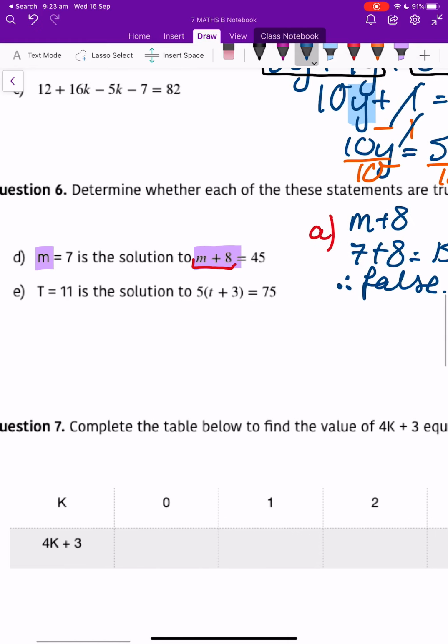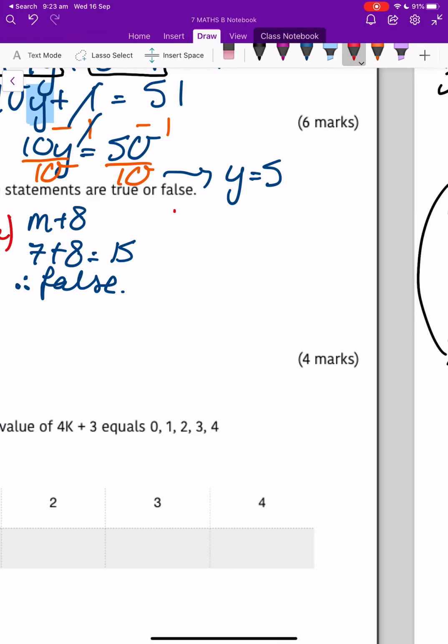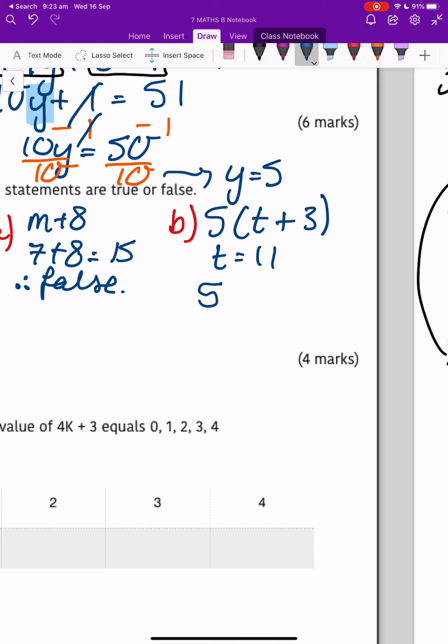Okay, part B, t says 5 brackets t plus 3. Okay, it tells us that t is 11. So what we do is we write out this expression. So this is the left-hand side. 5 brackets 11 plus 3.